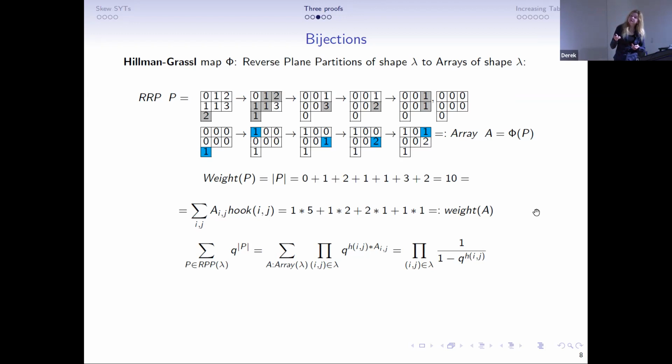So if q is the sum of the entries in the plane partition following this procedure, it's just summing over all arrays, and for each entry of the array this weight, and since the entries in the array are independent, this factors into a product and we get this.